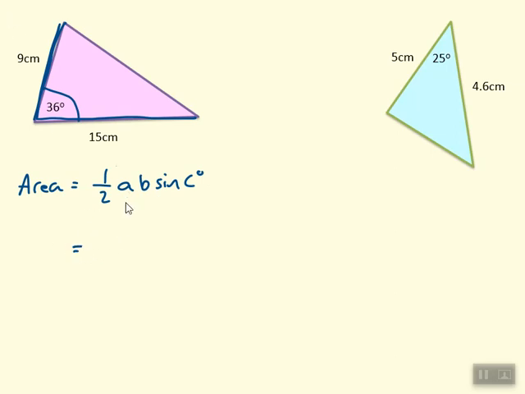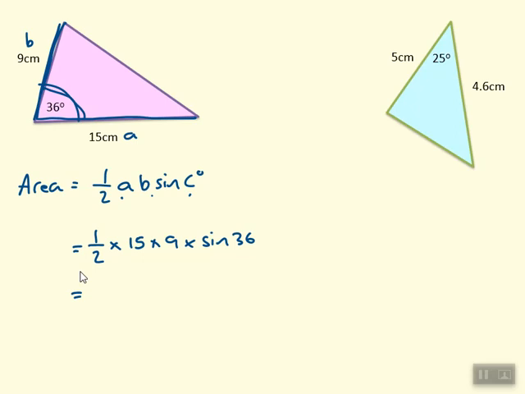It doesn't really matter which one's A and which one's B, so I'll put A here and B there. Then C is the angle between those two sides. So it's a half times 15 times 9 times sine of the angle between them. I'm going to have to use the calculator.